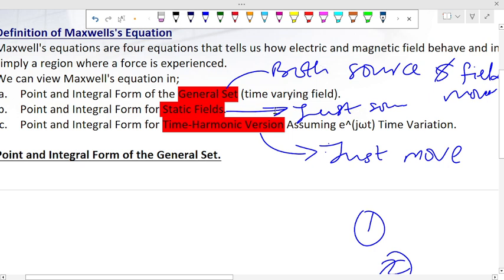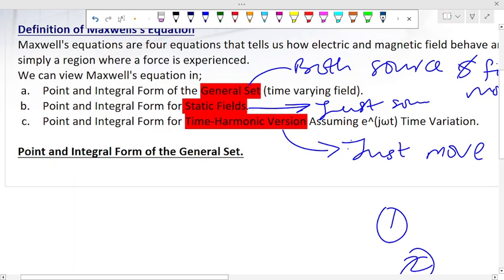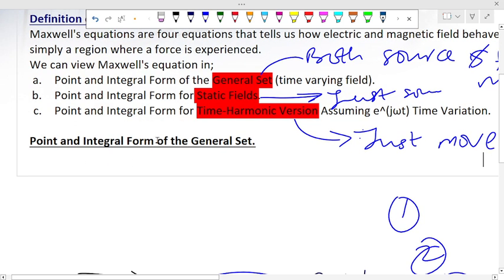Second set, the same four equations, but focus on the static field. Third set, four equations again, but focus on the time varying field, time harmonic. When we go into them, you understand what we fully mean. So this is just the first one, which is the A part we are going to deal with, but we'll deal with that in the next video.